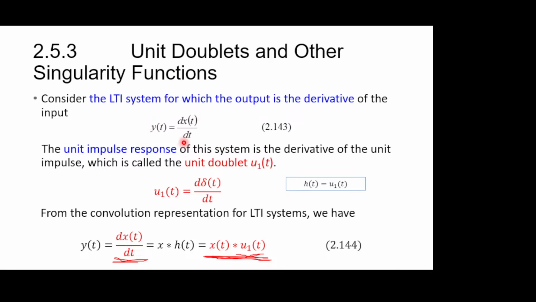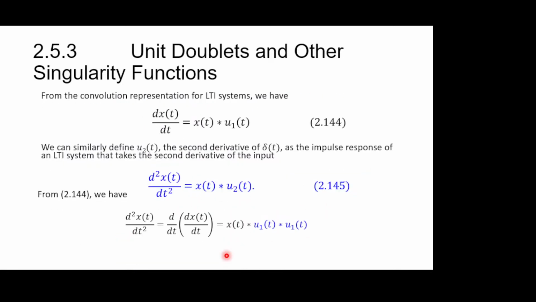Whenever you do this system, it's the same as convolving with u1 of t. Then you do the system again, and you convolve with u1 of t again. So you see that u2 of t equals u1 of t convolved with u1 of t.